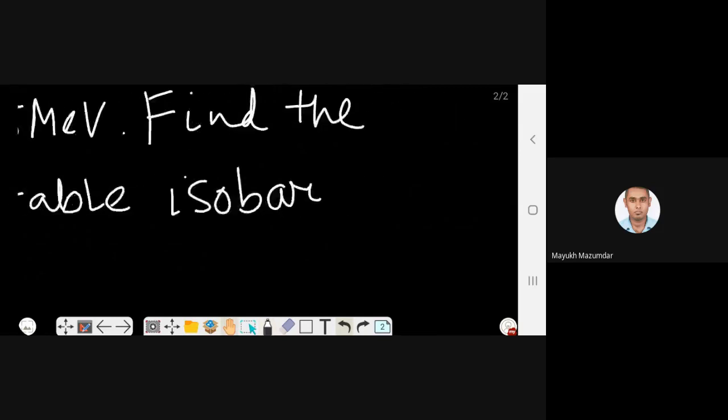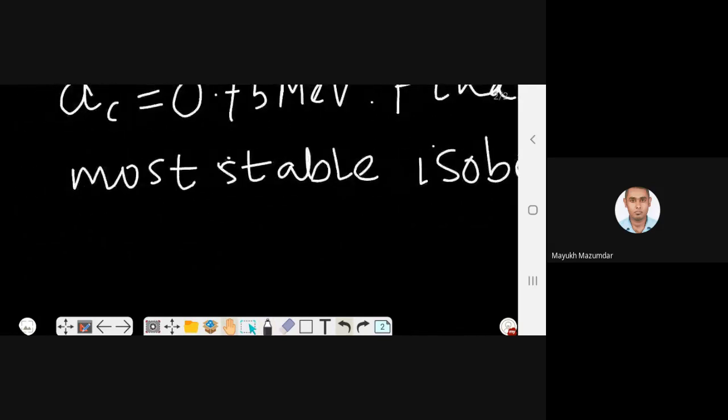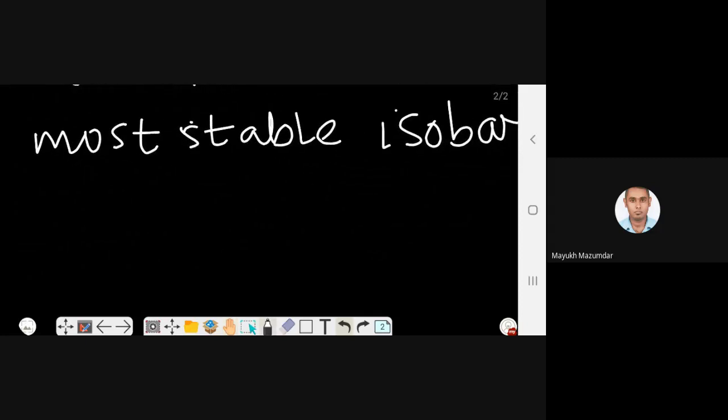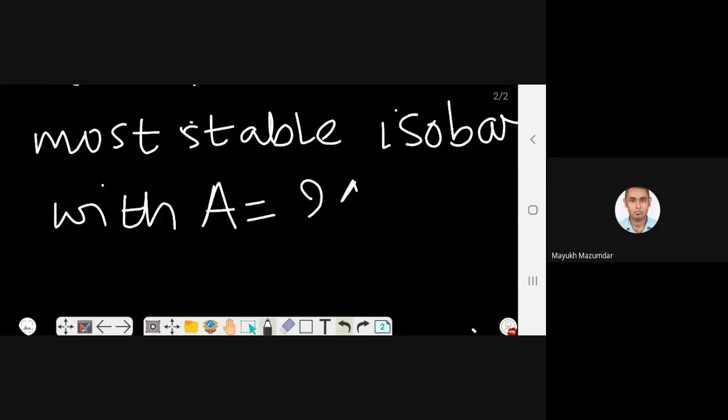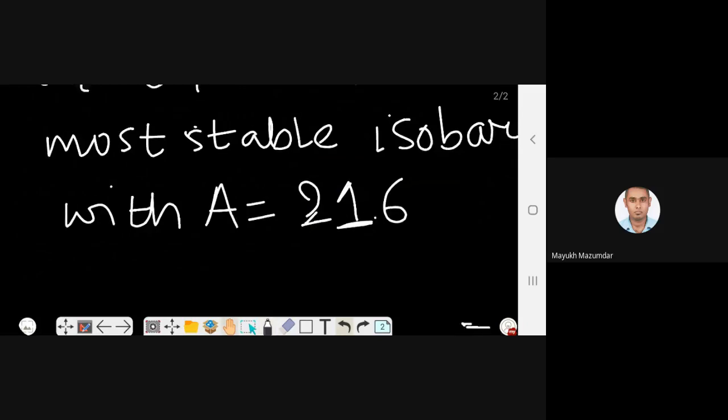Isobars, we know, have the same mass number, right? Because this entire binding energy is a function of A, with A equal to 216.